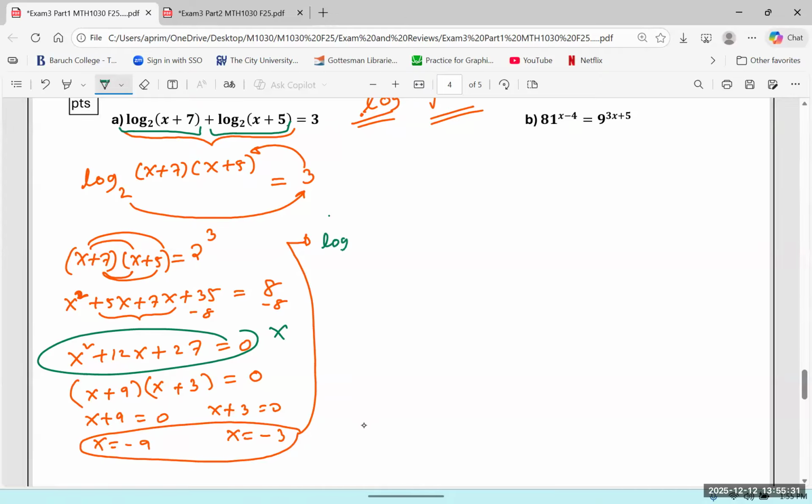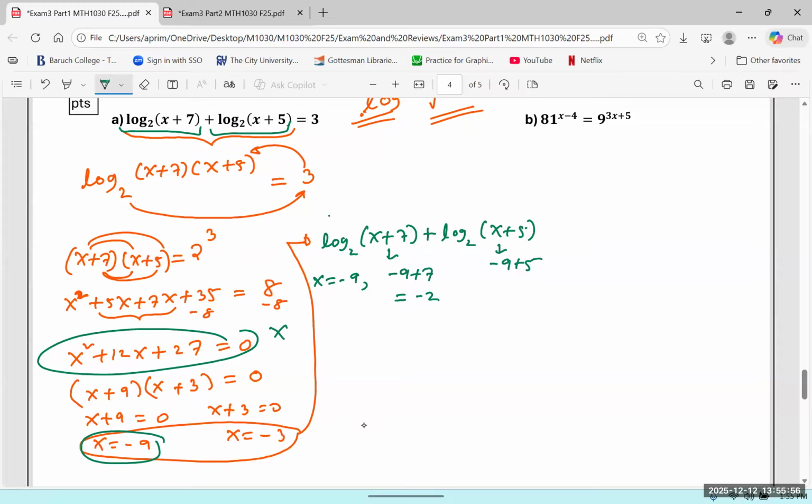So we have log base 2 of x plus 7 and log base 2 of x plus 5. When x is negative 9, we have negative 9 plus 7 and negative 9 plus 5. What is negative 9 plus 7? Negative 2. So we don't have to bother checking the other one.